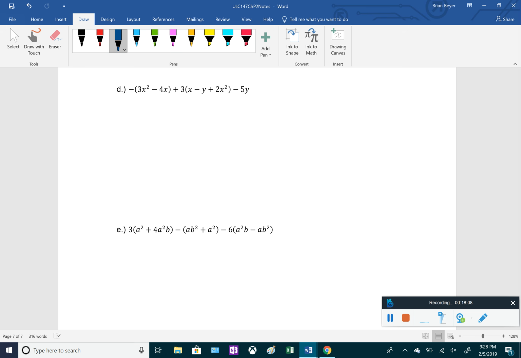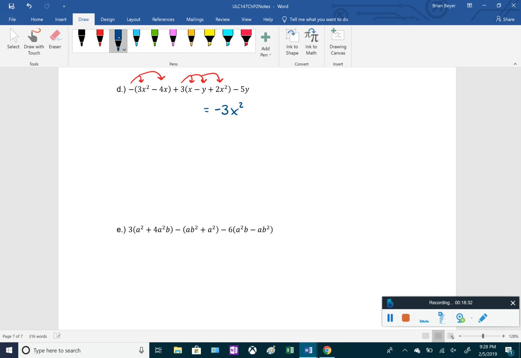Okay, so for this one, we're going to distribute this negative. What that means is we're distributing a negative 1. And then we're going to distribute this 3 to all of these 3 terms in here. Distributing that negative is going to just negate everything.